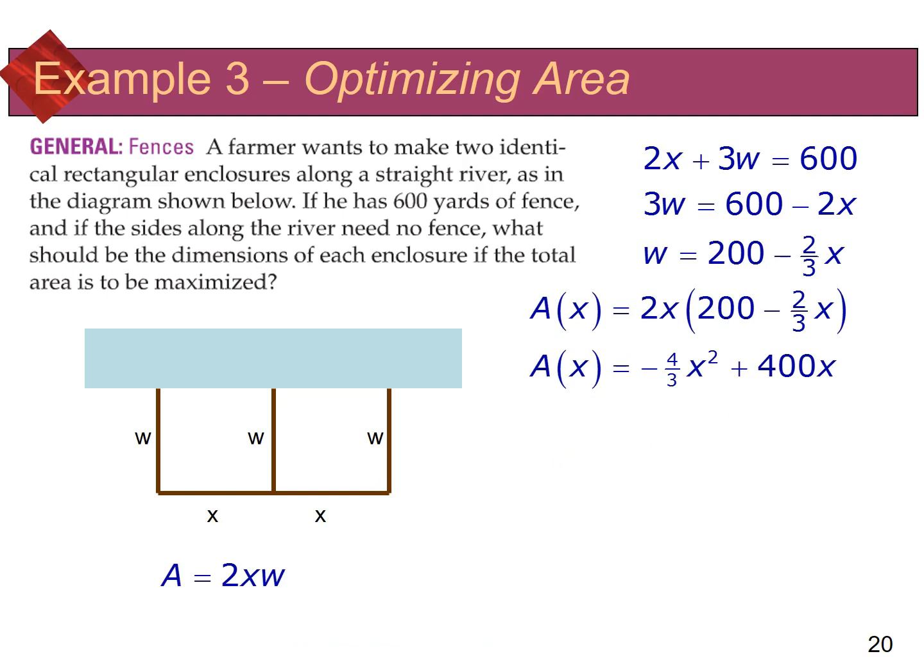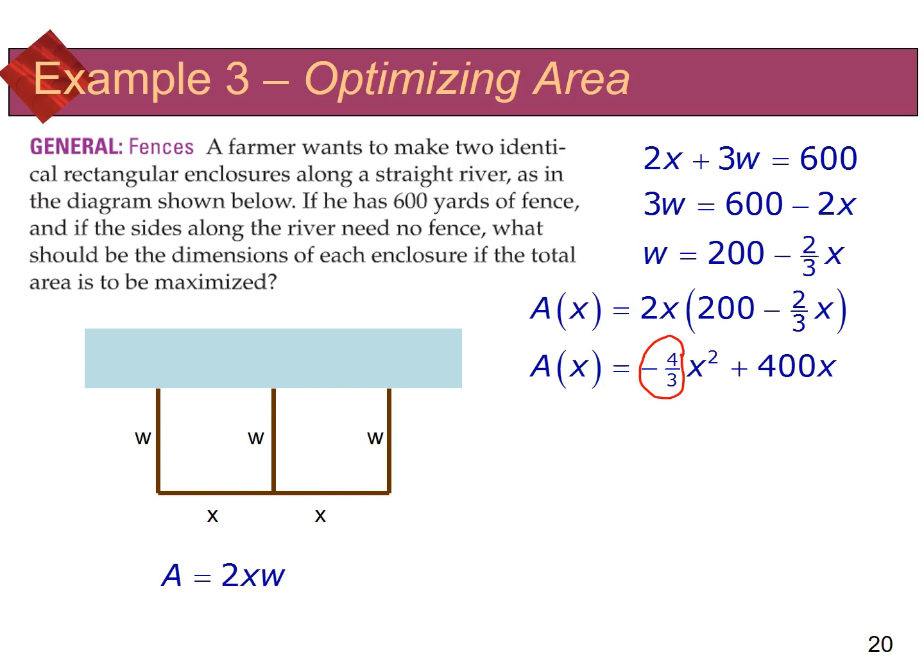I know that at this point I have a quadratic function for the area, and in that quadratic function I have a leading coefficient that's negative 4/3. So I know I have a quadratic function, which means it's a parabola. The negative 4/3 is telling me, since I have a negative leading coefficient, it's going to open downward, which means it is reaching a maximum.